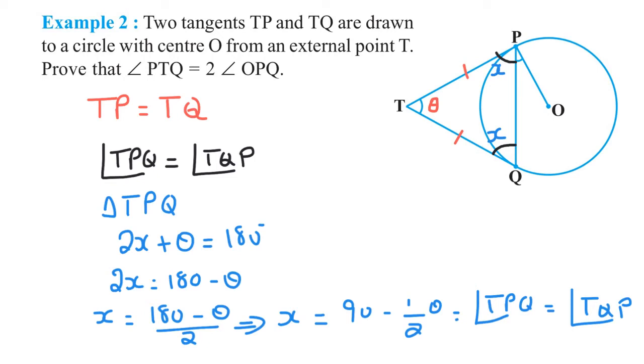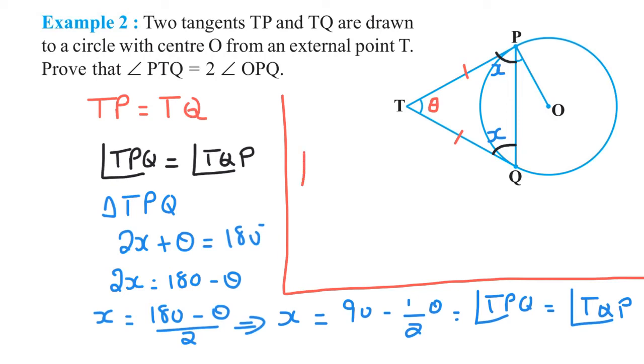So, we can have this working on the same page over here. Angle OPQ will be 90 minus x. But what is x? It is 90 minus half theta.